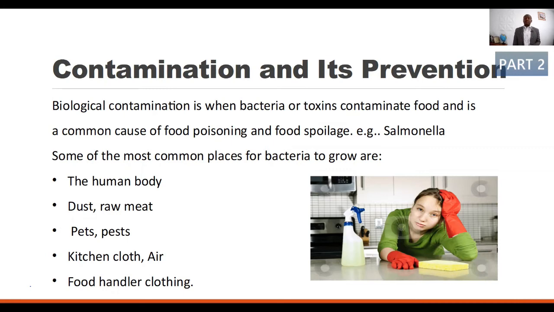We can find bacteria in the dust and the raw meat, you can find bacteria like E. coli, in pests, in the kitchen cloth, in the air, and on food handler clothing. That's why personal hygiene needs to be up to standard.